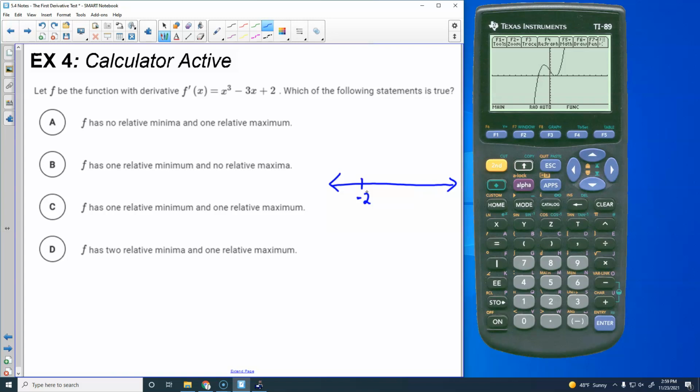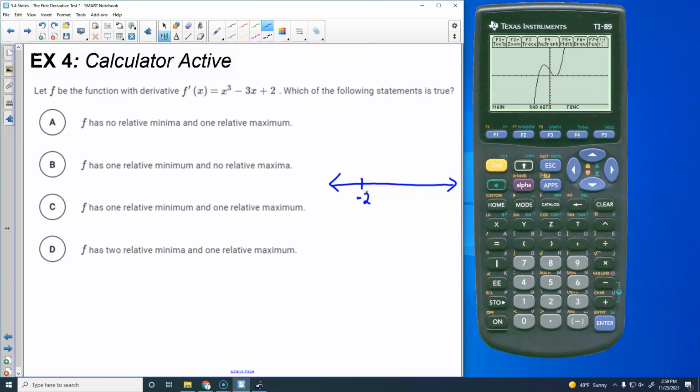Yes, except for, Daniel, when you take the derivative of this, there could be a plus 10 or a minus 7 or a plus 32 on the end, which doesn't change the derivative.